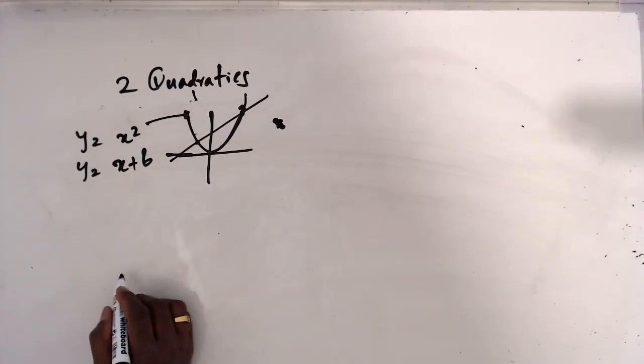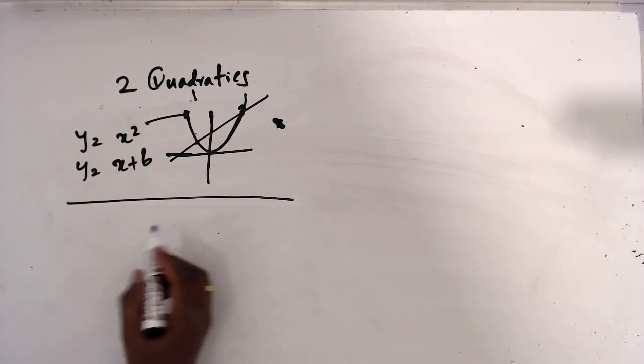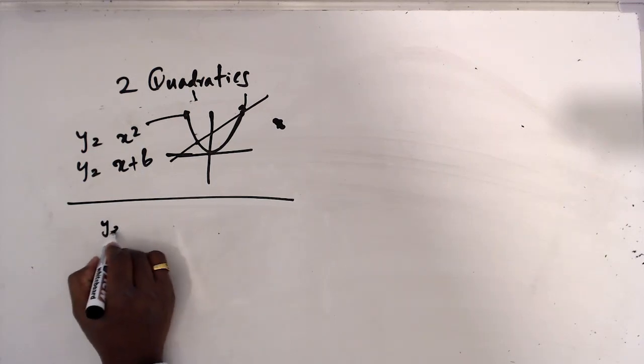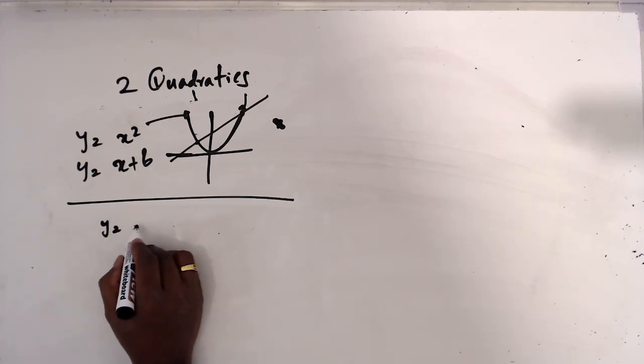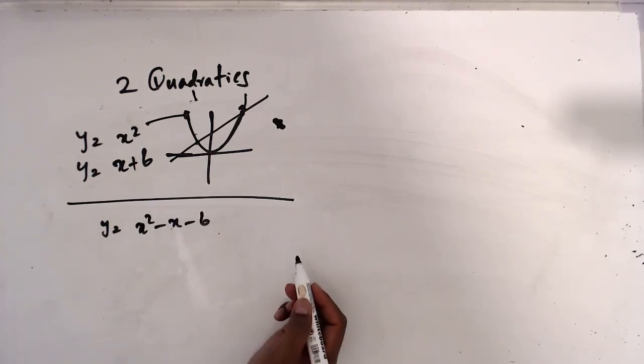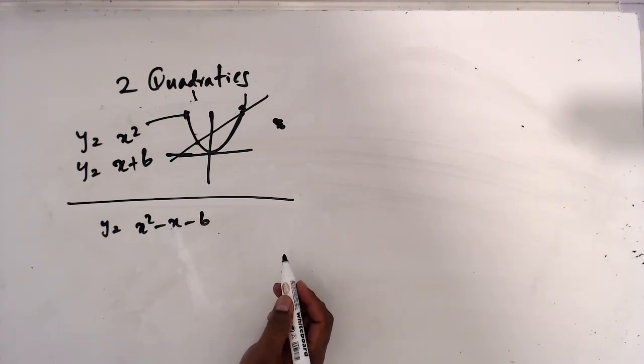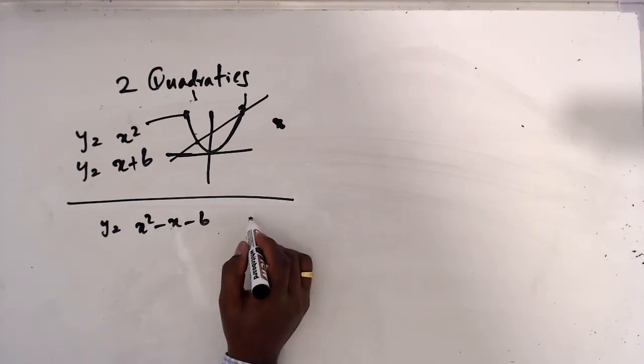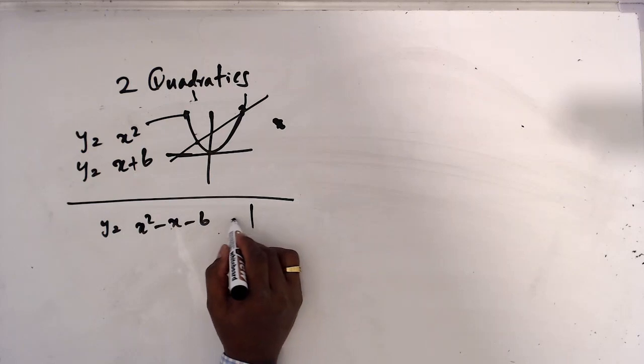Now I would like to draw another quadratic equation. The quadratic equation y equals x square minus x minus 6. So we can draw this one.